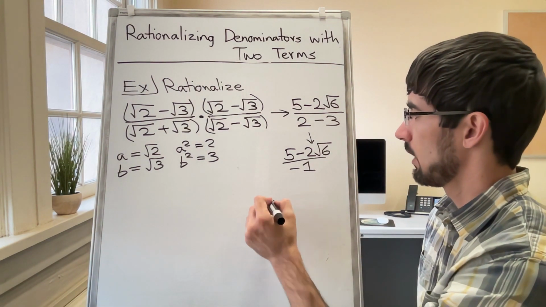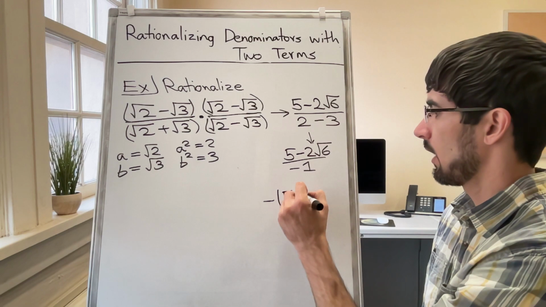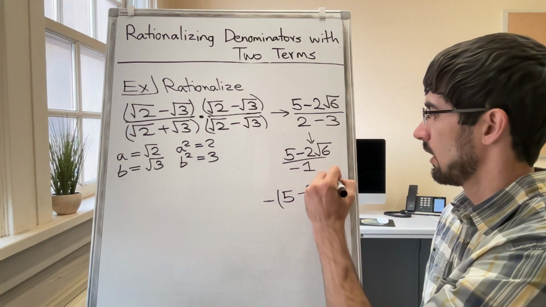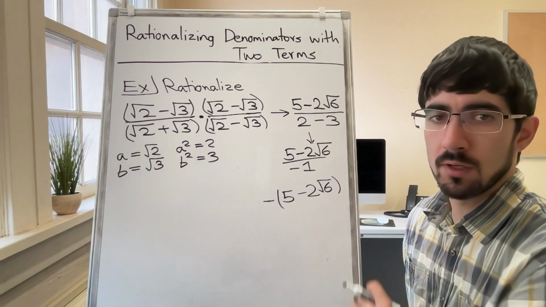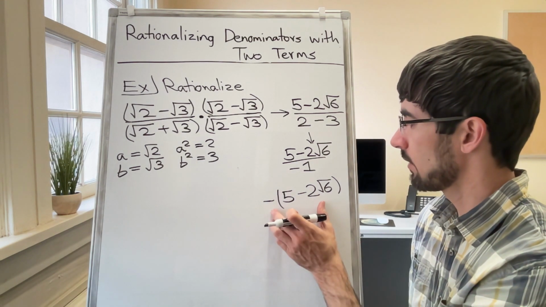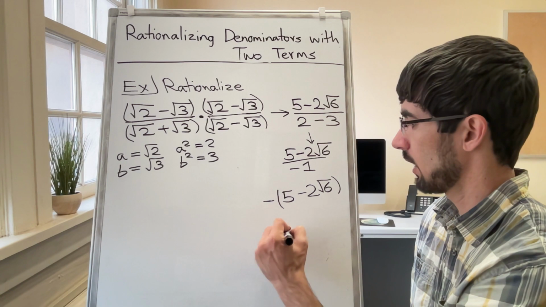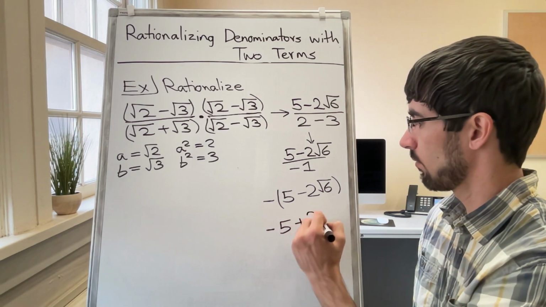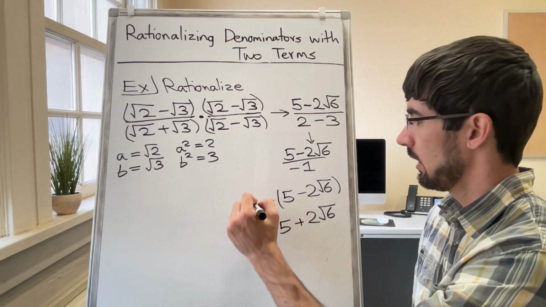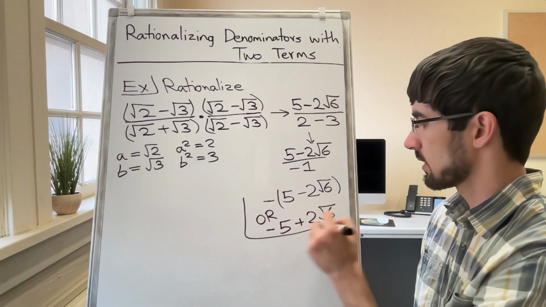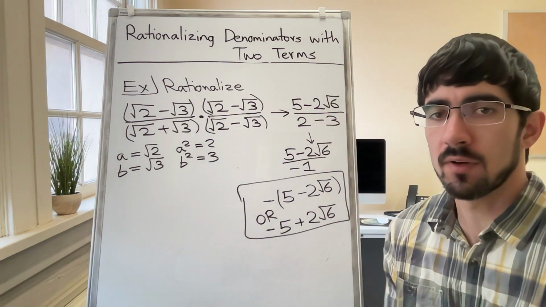And so let's pull it out in front, and we have negative 5 minus 2 root 6. If we have a denominator of 1, I don't even need to show it. So I could write my answer like this, or I could multiply the negative sign in and write my answer like this, negative 5 plus 2 root 6. Either one of these would be acceptable as a simplified solution.